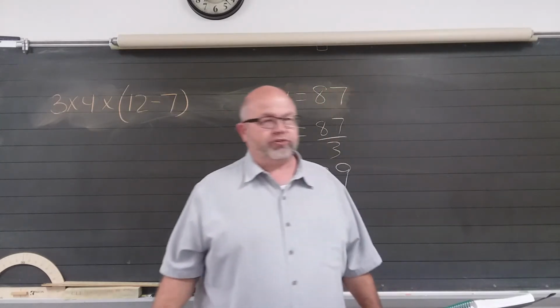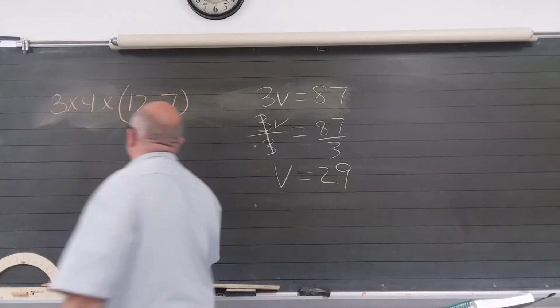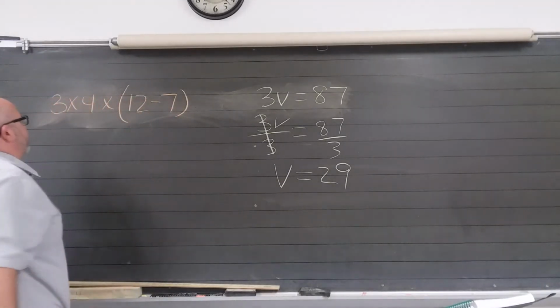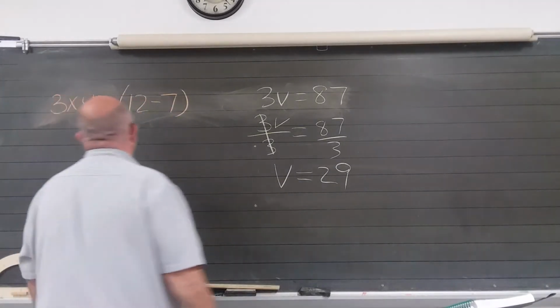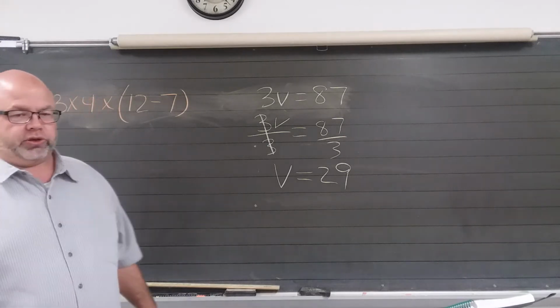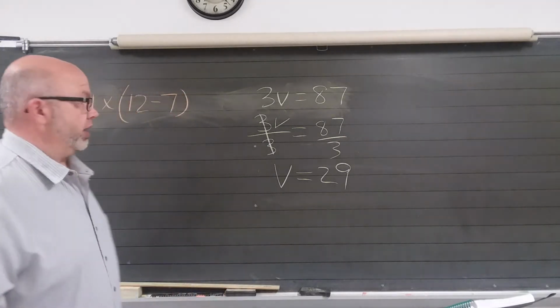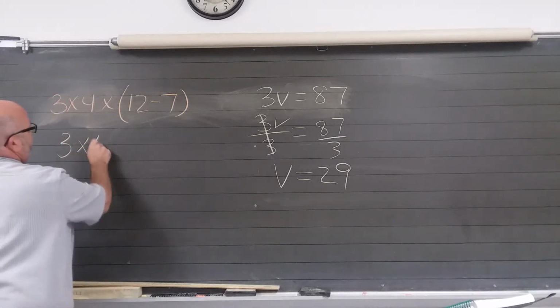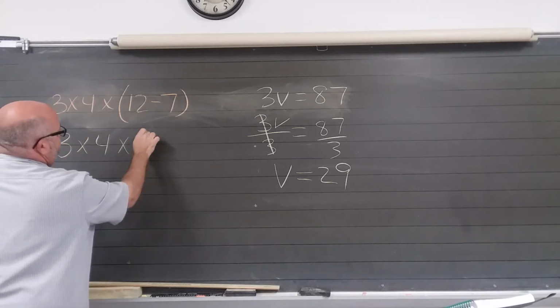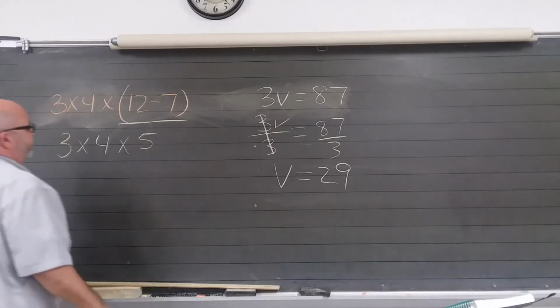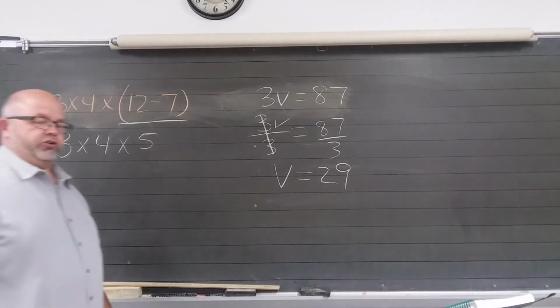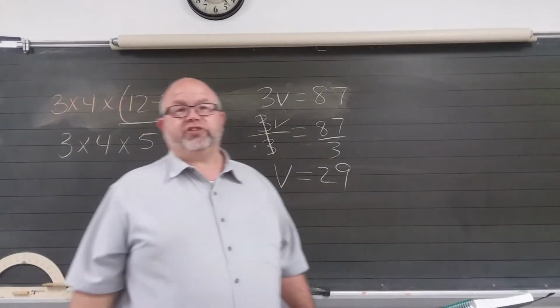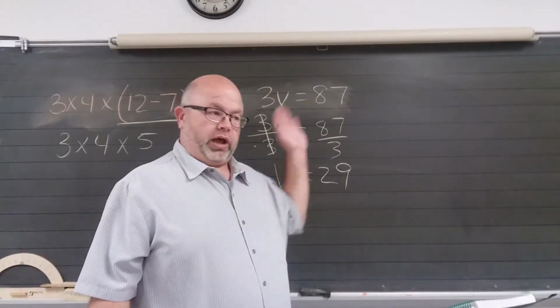Number 3, order of operations. What do you do first in a problem like this? That's what order of operations is, okay? We learned that we do parentheses first, right? So this is the first thing you do. 12 minus 7 is 5. And then you do multiplication and division in order from left to right, okay?